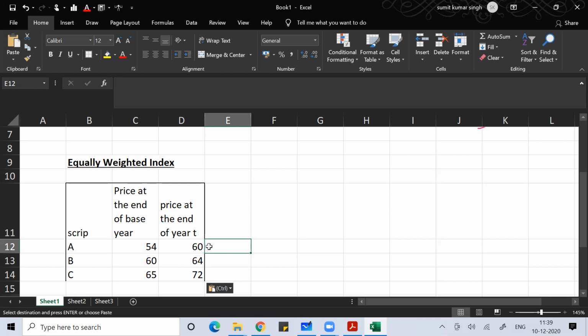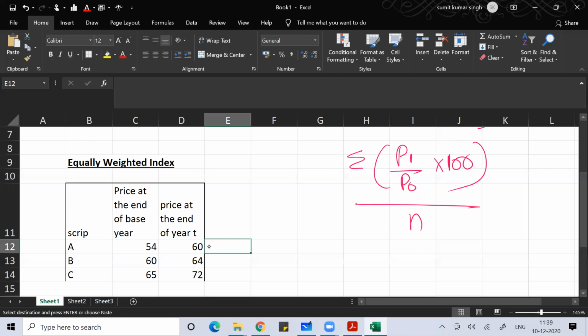So when we talk about equally weighted index, the formula for this is sum of P1 by P naught into 100 by N. This is the formula of equally weighted index. Those who study statistics, this is the formula of simple relative price method. In your statistics, you must have studied about this in your PU and all.